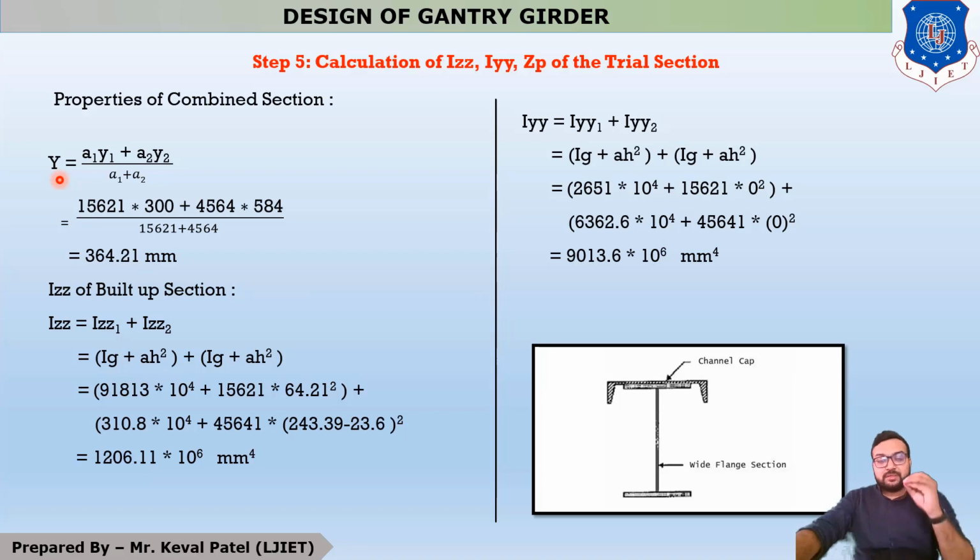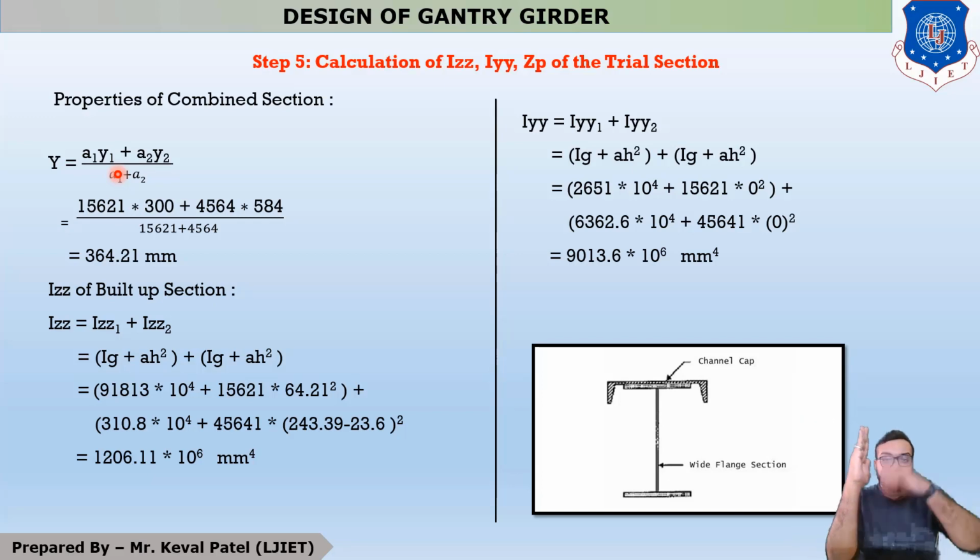This is similar to mechanics of solids, in which we use A1Y1 plus A2Y2 divided by A1 plus A2. What is A1? A1 means area of the first member. We choose our first member as the I section. So the area of the I section is 15621 into Y1, meaning our I section CG.